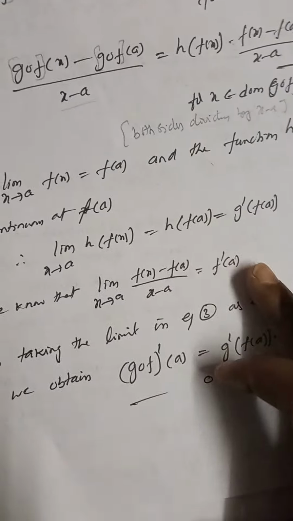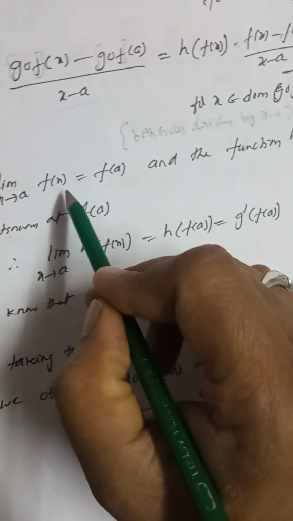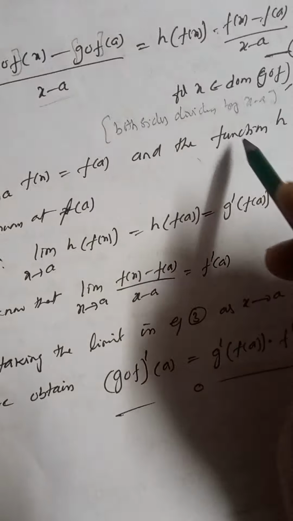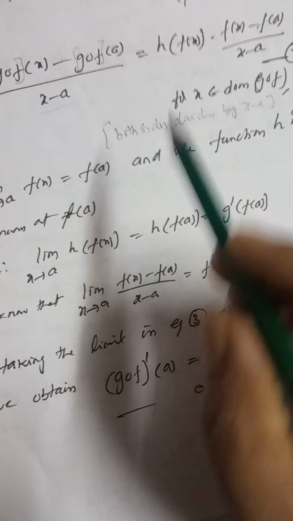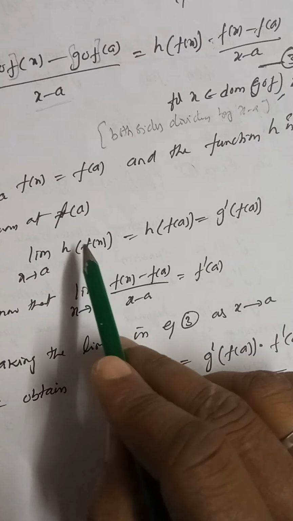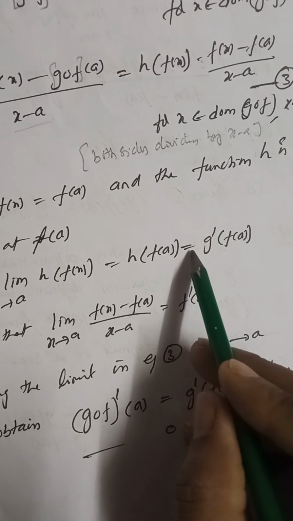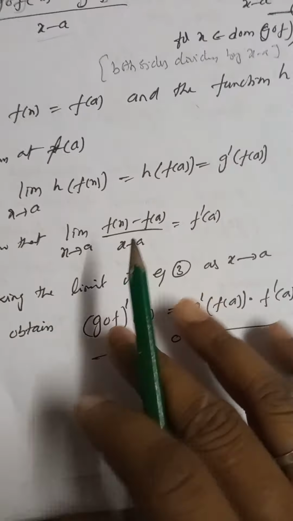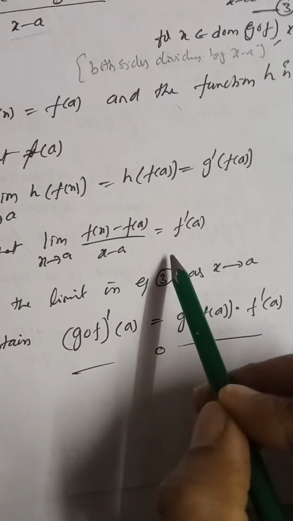Now we apply the limit as x tends to a, f of x is equal to f of a, and the function h is continuous at f of a. The limit as x tends to a, h of f of x is equal to h of f of a, which is nothing but g dash of f of a. Again we know that the limit as x tends to a, f of x minus f of a by x minus a is f dash of a.